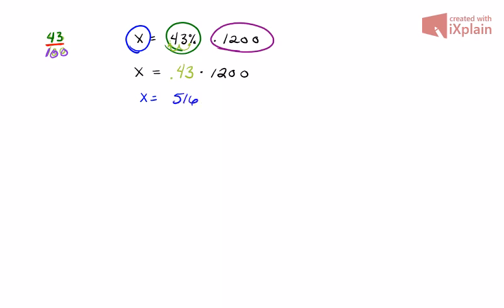So what we are saying in this problem is 1,200 times 43% is 516. Or another way you could say that would be 43% of 1,200 is 516.